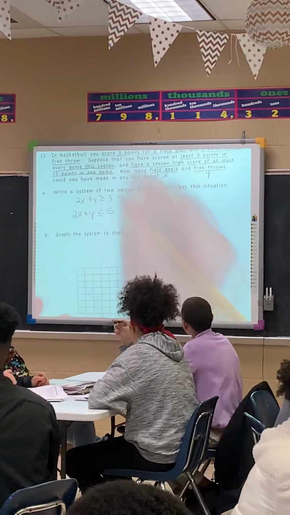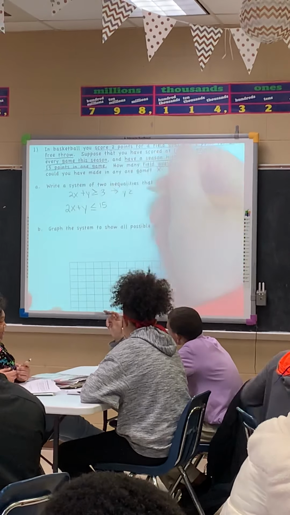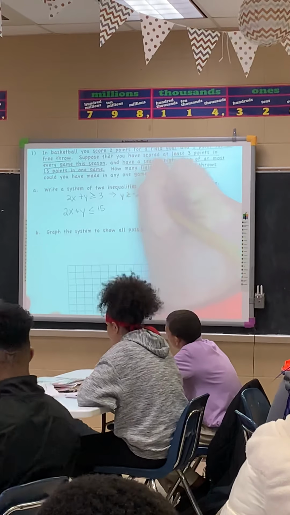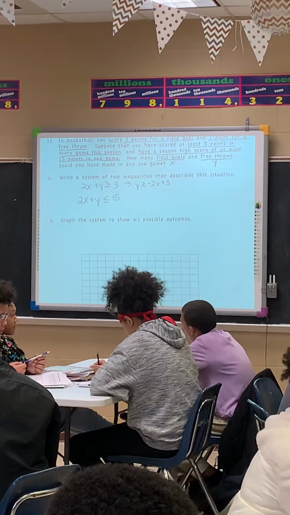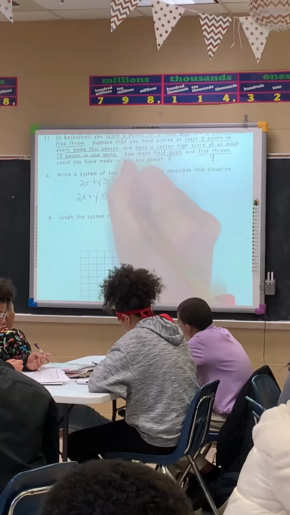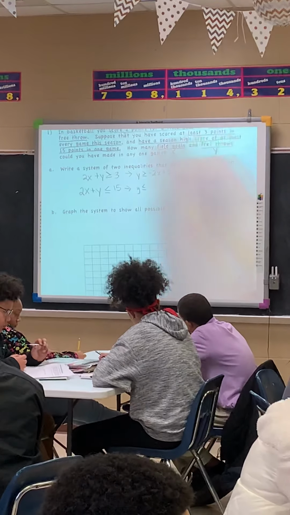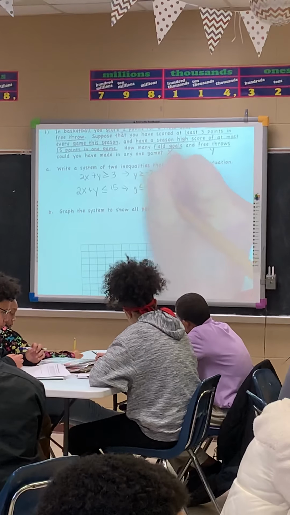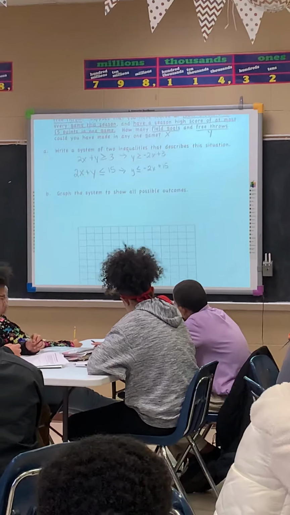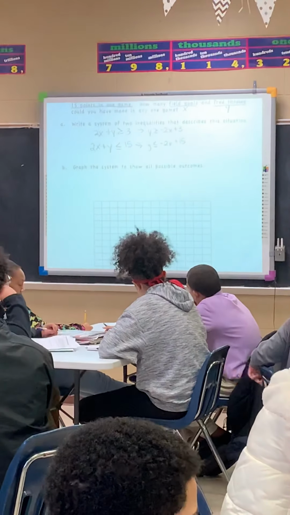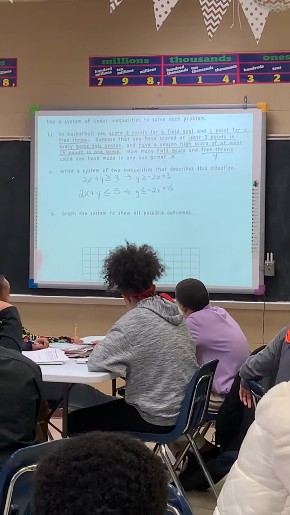We're going to isolate this one into Y greater than or equal to negative 2X plus 3. Okay? And then we're going to isolate this one into Y less than or equal to negative 2X plus 15. Now graph the system to show all possible outcomes.